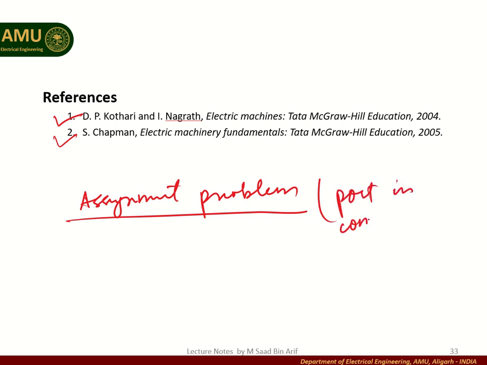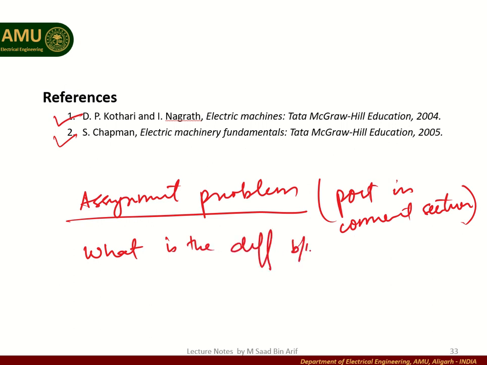Post in the comment section: what is the difference between armature winding and rotor winding?